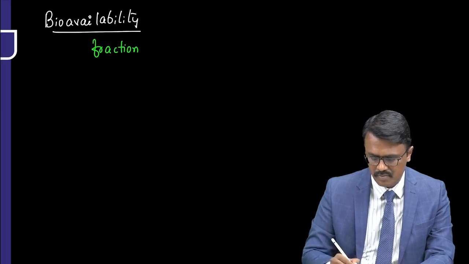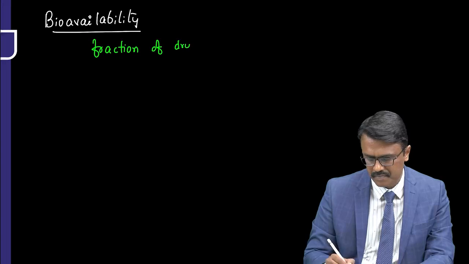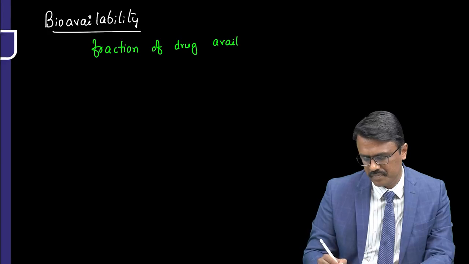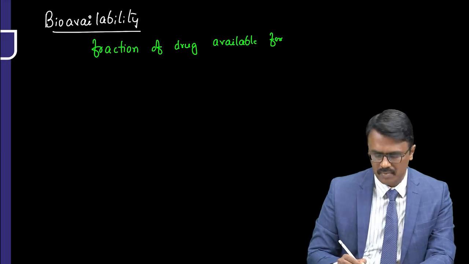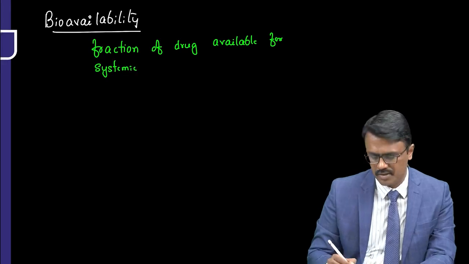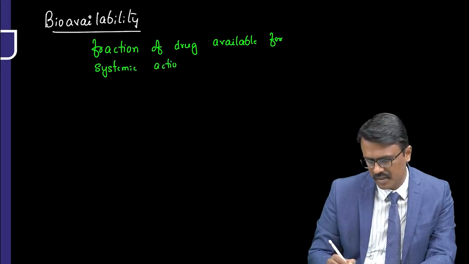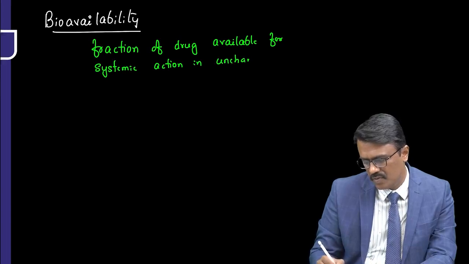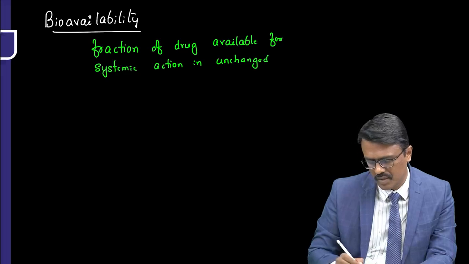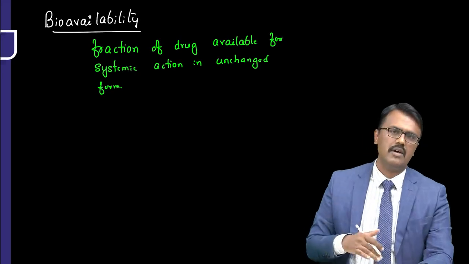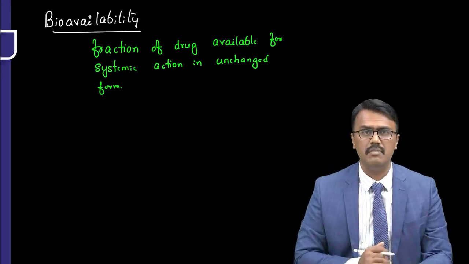Bioavailability stands for fraction of drug available for systemic action in unchanged form. Sir, what do you mean by this? Don't worry about the definition. First, we'll understand the concept, then we'll come to the definition, then it will be easier.